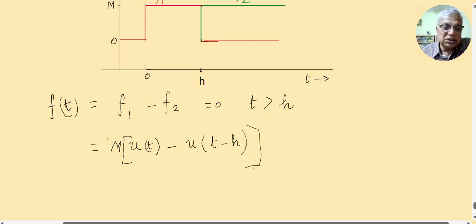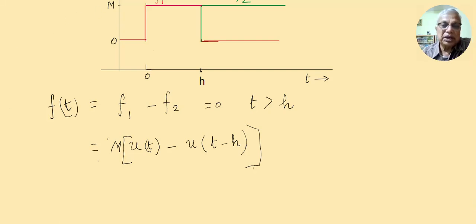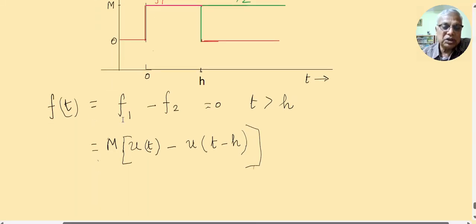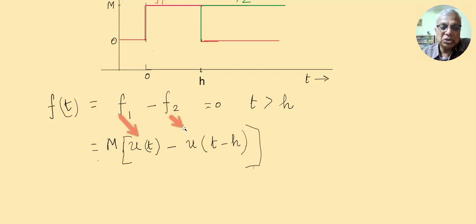So this is the equation for the period t greater than h. I hope it is understood, because the equation for f1 is step function u of t. f2 is also a step function, but origin shifted from 0 to h.